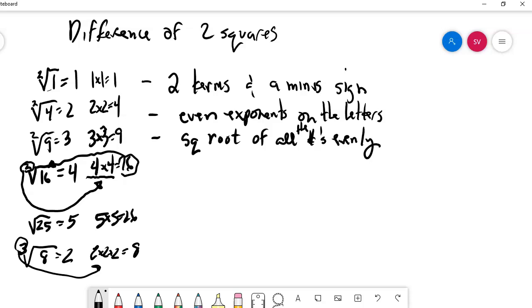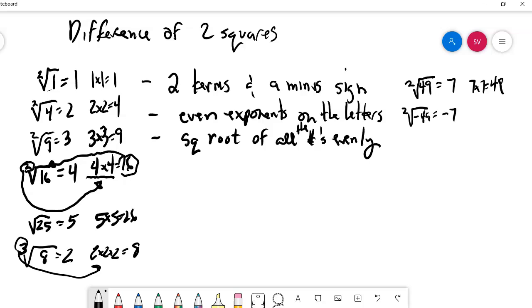Now another quick note about square roots is that you cannot have a minus sign in an even number root. So for example, if we go back to say the square root of 49 is 7 because 7 times 7 is equal to 49. Remember, the 2 is assumed to be there. So if the square root of 49 is 7, what would we assume the square root of minus 49 will be?